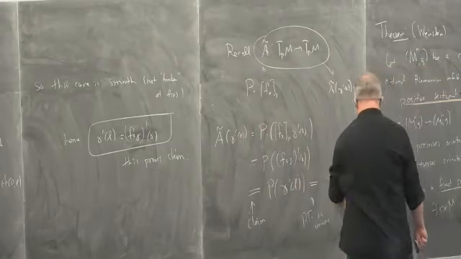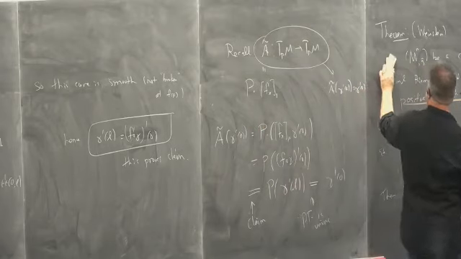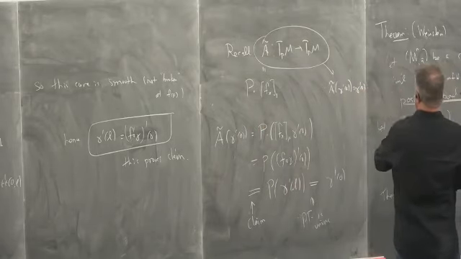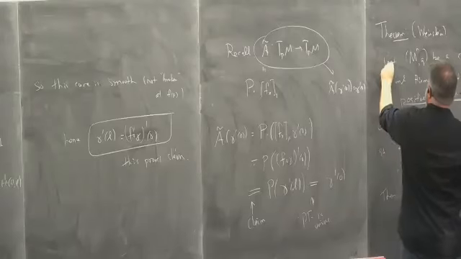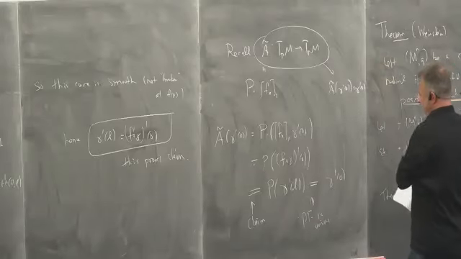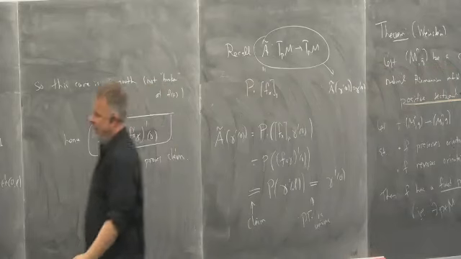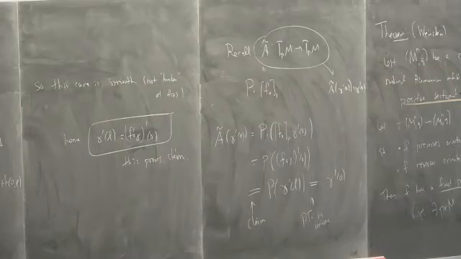Okay, we have this isometry that's built out of parallel transport and F, and it preserves gamma prime of 0. And it's an isometry, therefore it's going to preserve the orthogonal complement.